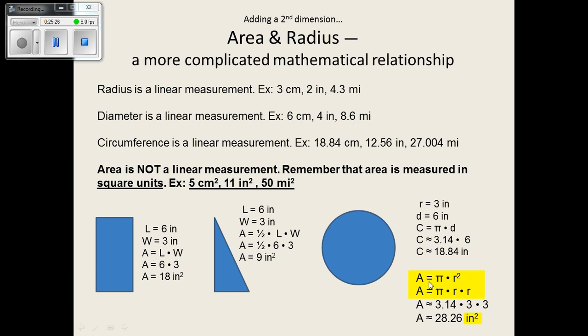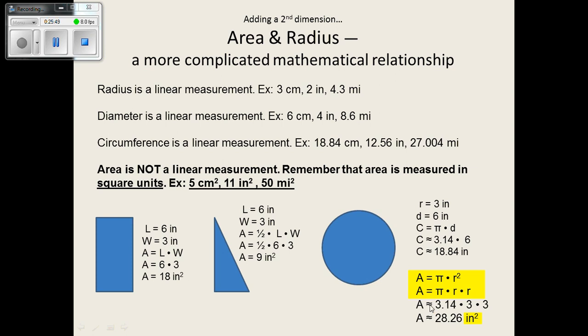The area of a circle is equal to pi times r squared. Now, r squared is not 2 times r. R squared means r times r. So instead of writing this top one, you might always just want to write this one. Area equals pi times r times r.